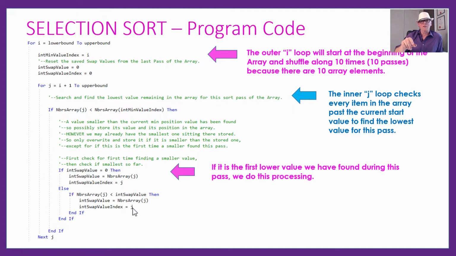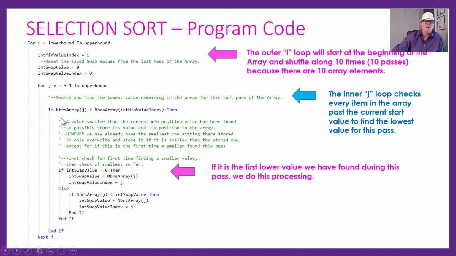So we're not swapping them around yet. We're just saying, oh, at the moment, the smallest one is located here. But we need to keep spinning through because there might be another one further along that's even smaller than this one, okay? So that's why we have to have these loops so that we can check every single value.